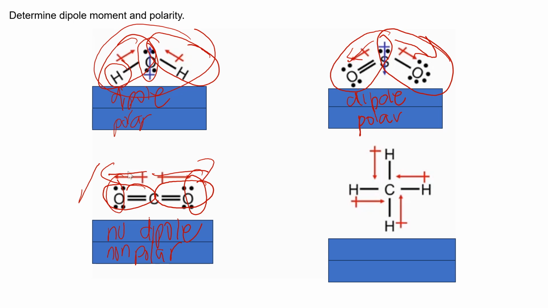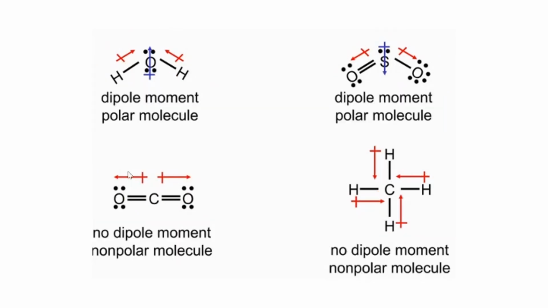Compared to your methane, we can see here that the CH bonds cancel out each other. So this is a non-polar molecule because it has no dipole moment. So these are the answers for that exercise.